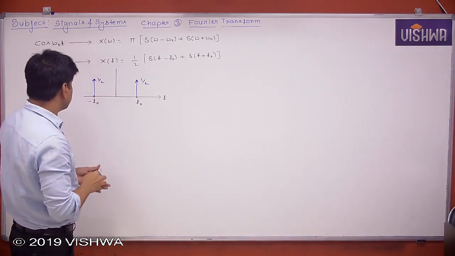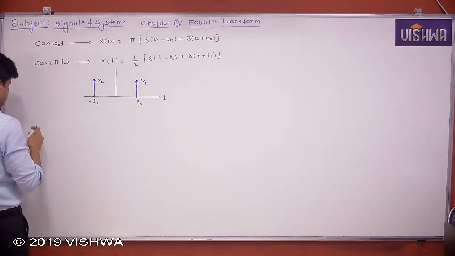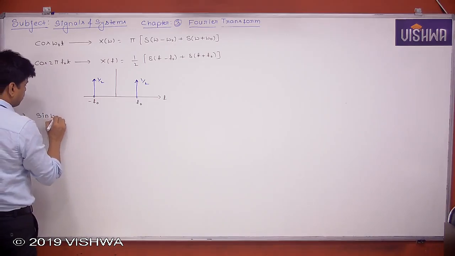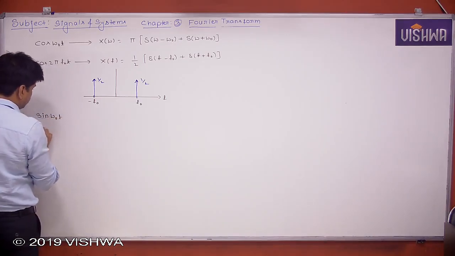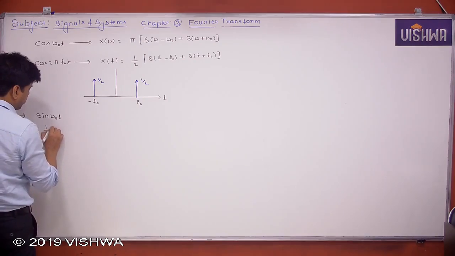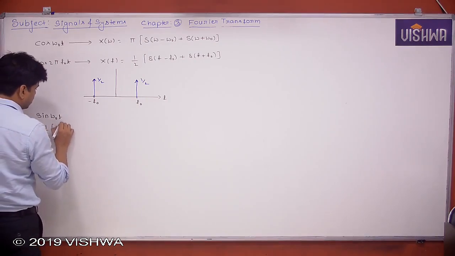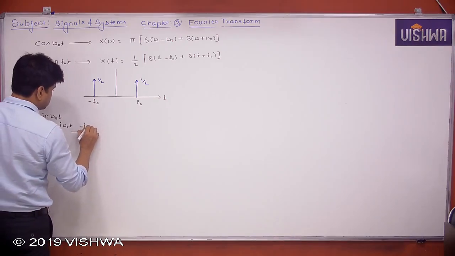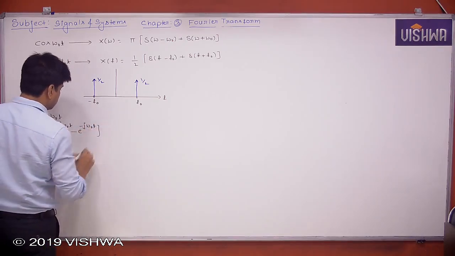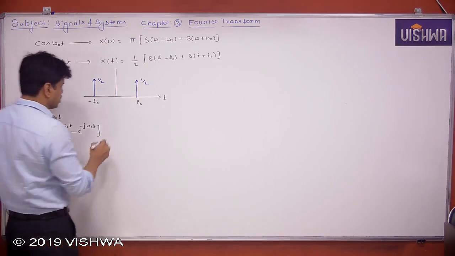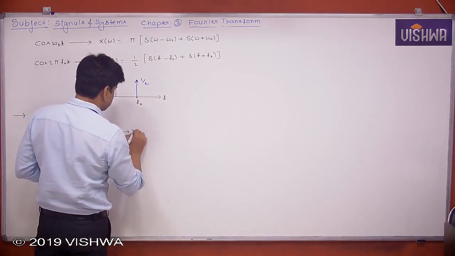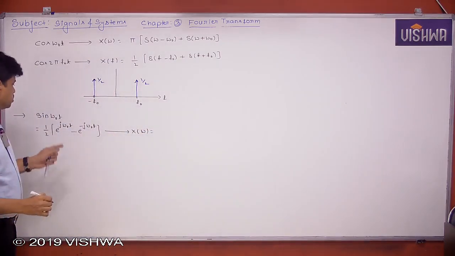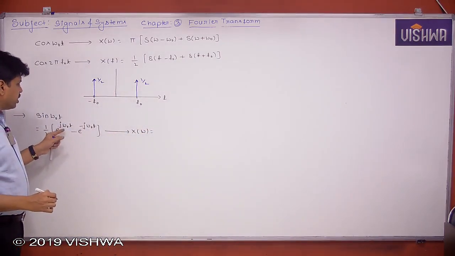Now I want to go for sine omega naught t. Sine omega naught t can be written as 1 by 2j [e power j omega naught t minus e power minus j omega naught t]. So for this one, if I go for x of omega, here 2 pi delta omega minus omega naught.